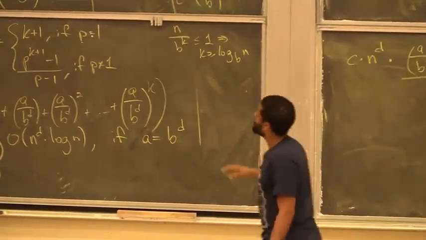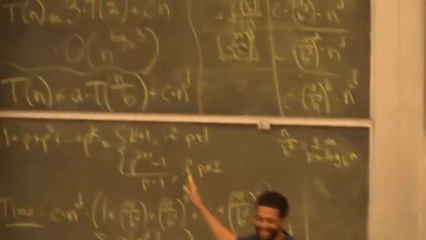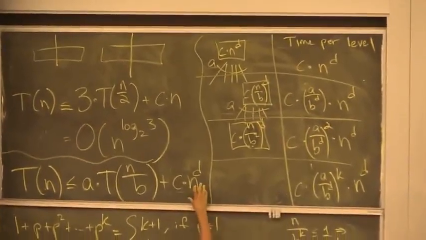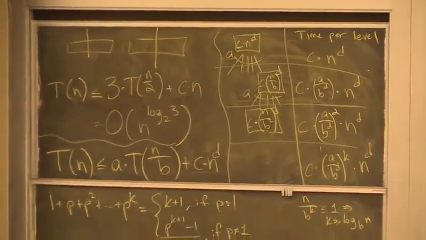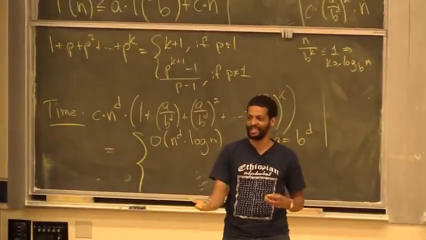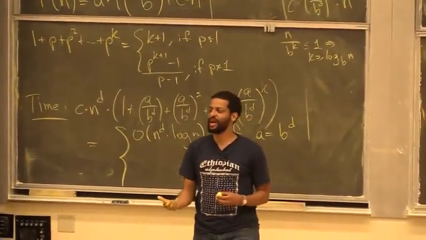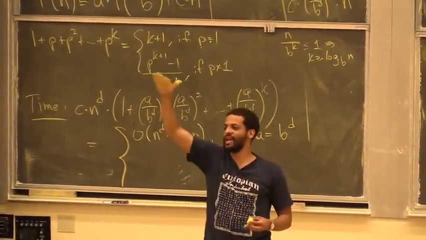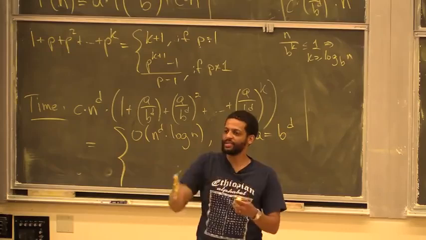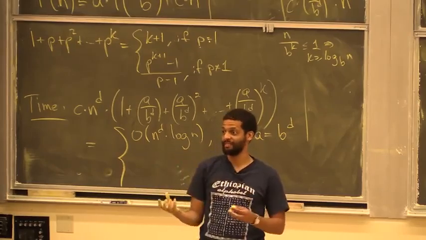Right, so the point is that once you do the recursive calls, the work to combine them is proportional to n to the d, right? So at the root level, what is n? N is n. One level deeper, remember you divide it into parts where each part has size n over b.